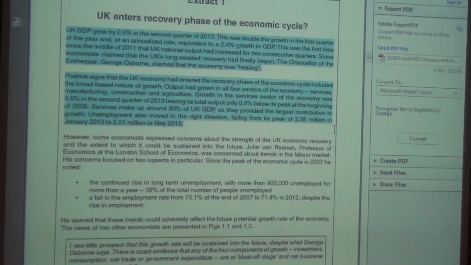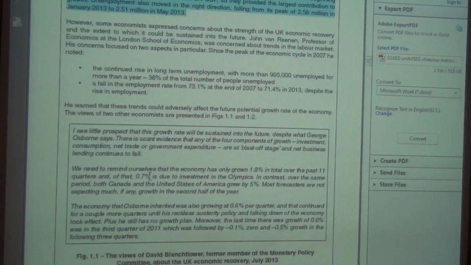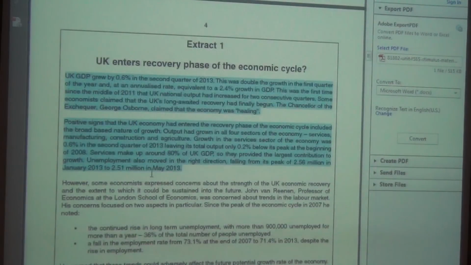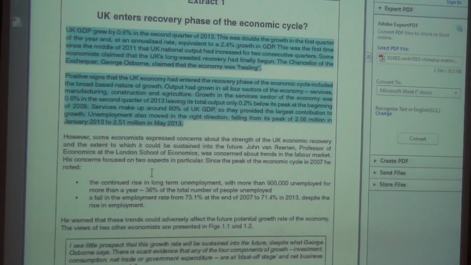But then the following comments by the three commentators, John Van Reenen, David Blanchflower and Liam Halligan, they're all quite negative in their responses. So you've got a plus side, you've got a negative side.